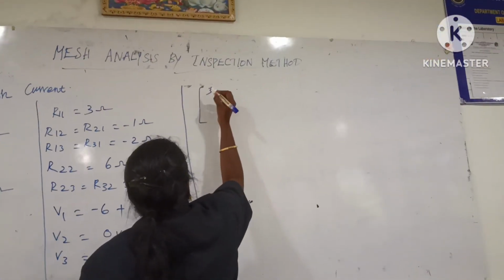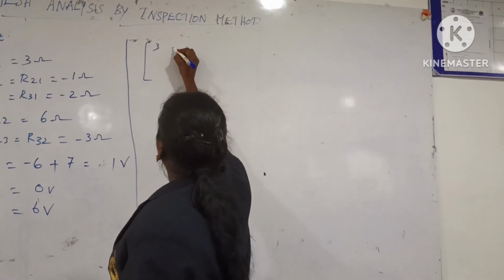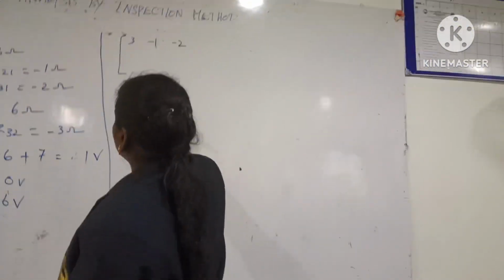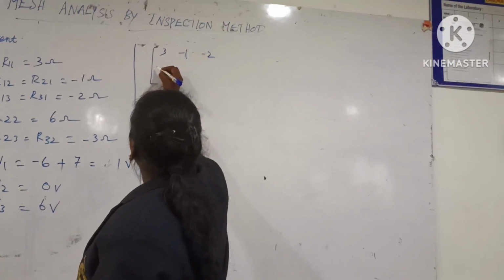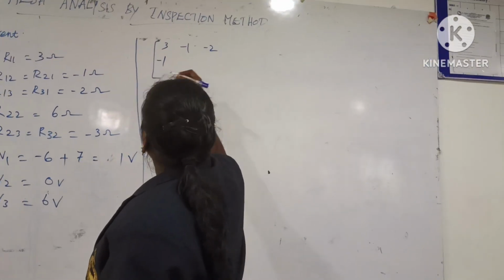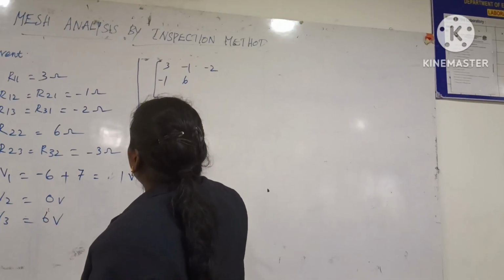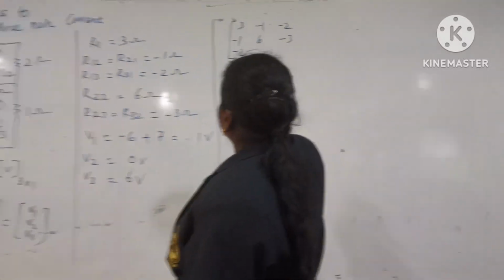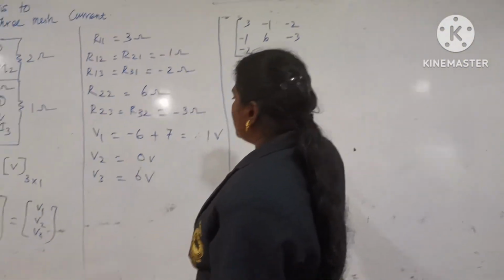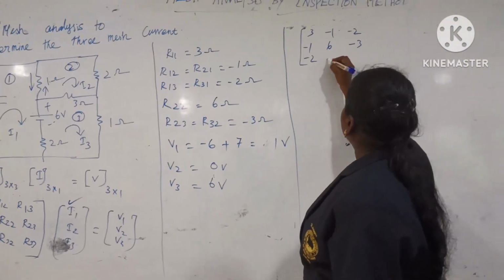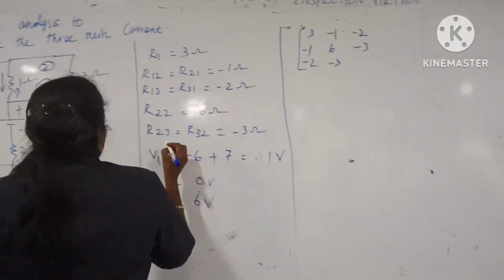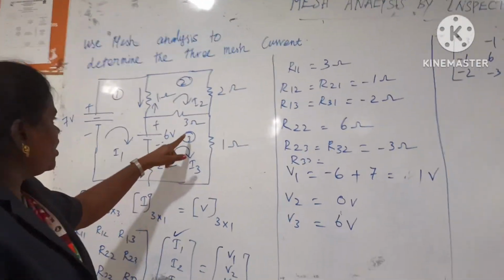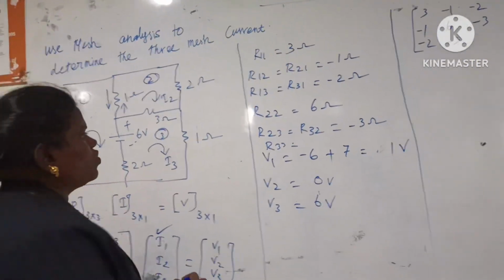R11 is 3, R12 minus 1, R13 minus 2, R21 minus 1, R22 6, R23 minus 3, R31 minus 2, R32 minus 3, and R33, the sum of all resistance in loop 3, 3 plus 1, 4, 6 ohm.